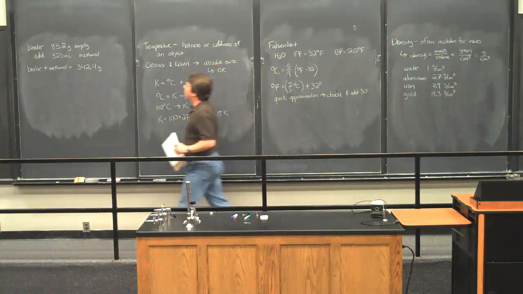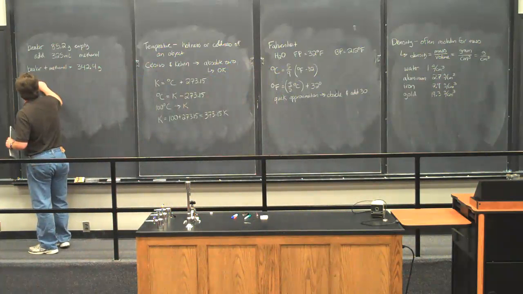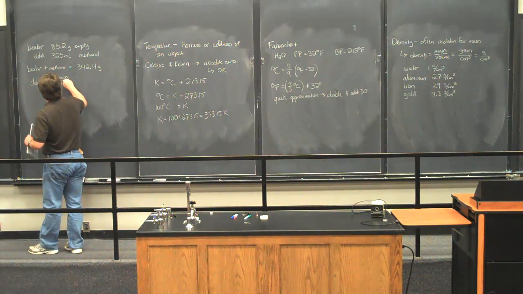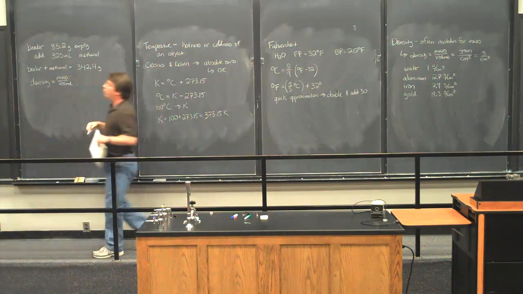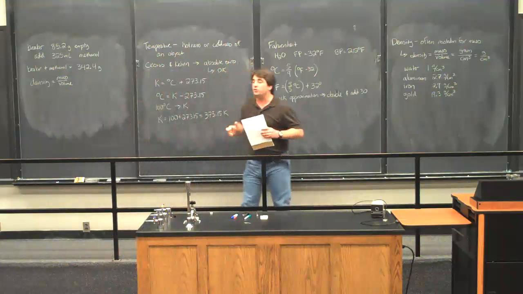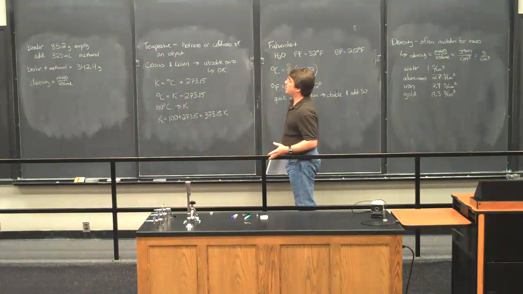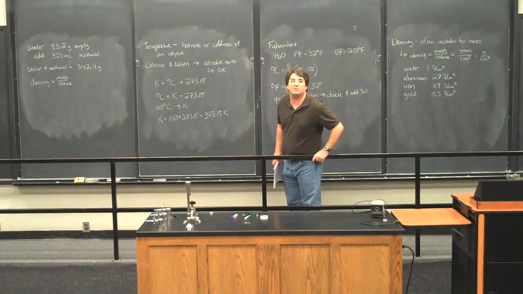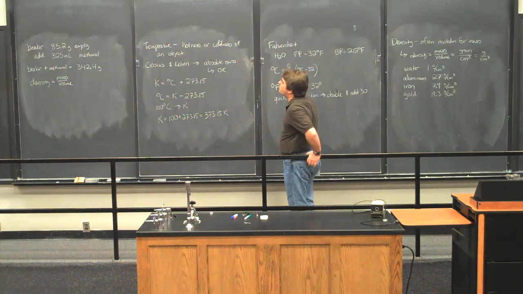Well, if I want to know the density of the methanol, I need to know both the mass and the volume. The volume is easy, right? I added 325 milliliters. I probably did that with a volumetric pipette. So I know the volume that I added, but I need to figure out the mass.